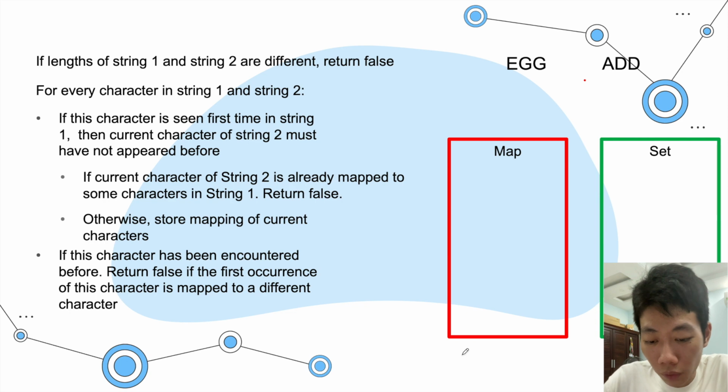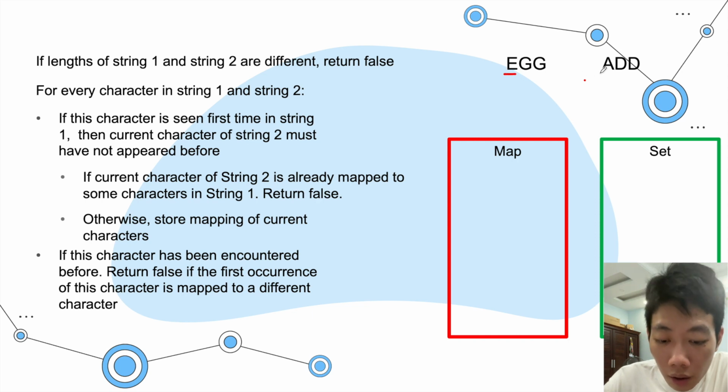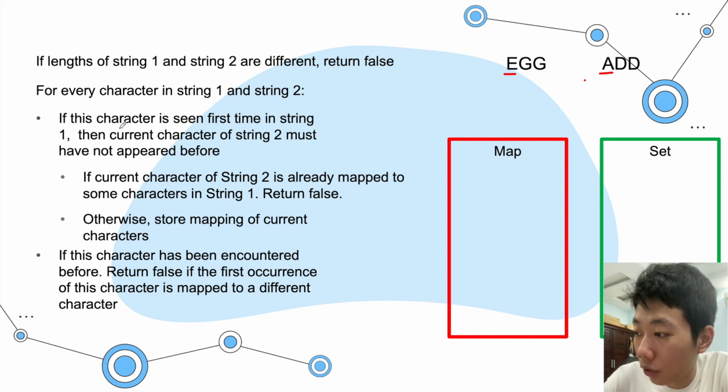So we will pick the first character from the two strings. It means the letters E and A here, and then we check the first condition. Is this character seen the first time in string 1? Yes, the letter E here is seen the first time.